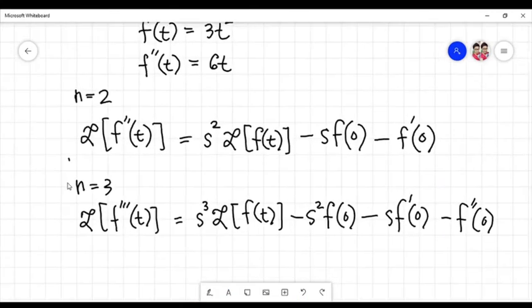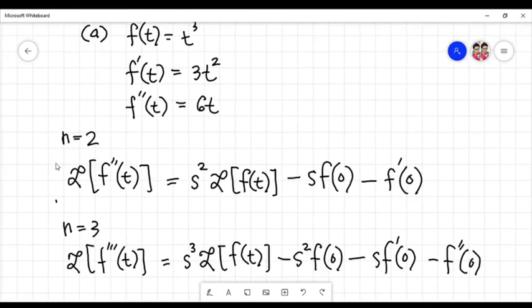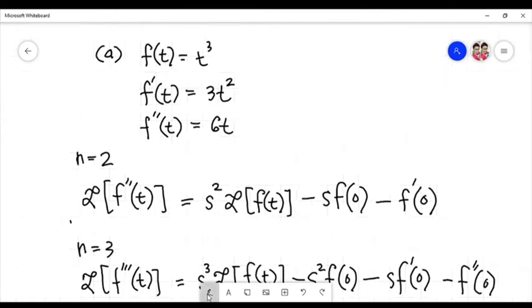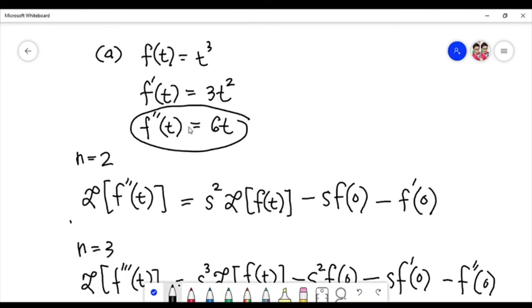Okay, so it's actually just a series, and again, to solve this problem, you can use as many derivatives as you want. We just make sure that the Laplace transform of the highest order derivative can be evaluated using the basic formulas.